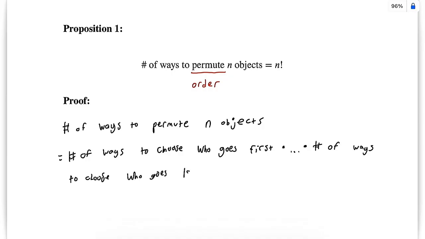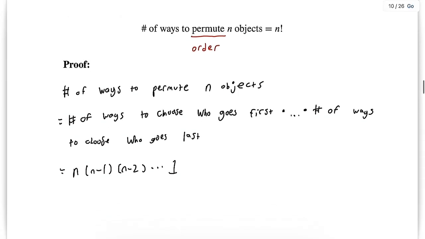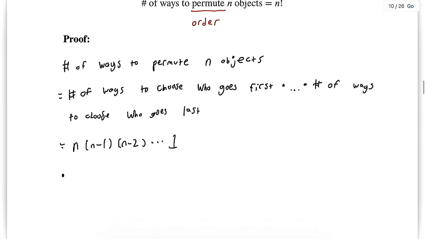We just choose them one at a time. The number of ways to choose who goes first, there are n choices. The number of ways to choose who goes second, there are n minus 1 choices. And then there's n minus 2, and so on, down to 1, because to choose who goes last, we only have 1 choice left. And so this is n factorial. Okay, pretty simple.